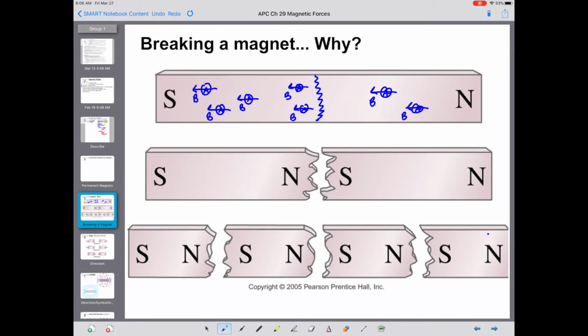So I just separate the atoms and I end up with two smaller magnets, each with a north and a south pole. If I break it again, same way, I just end up with smaller magnets that have a north and a south pole. You can break essentially all the way down to the level of an individual atom and still have a tiny permanent magnet.